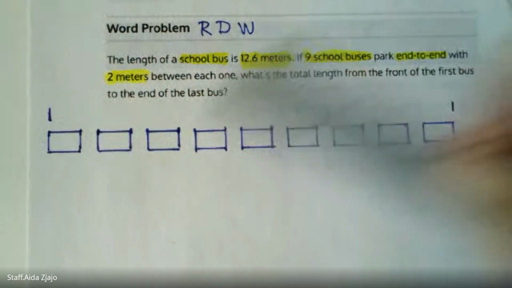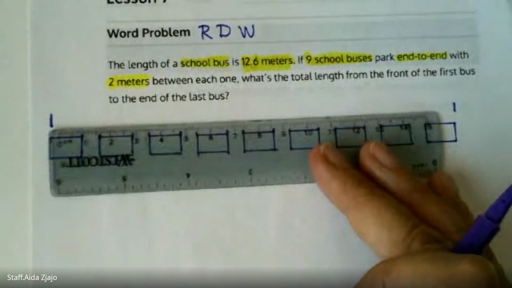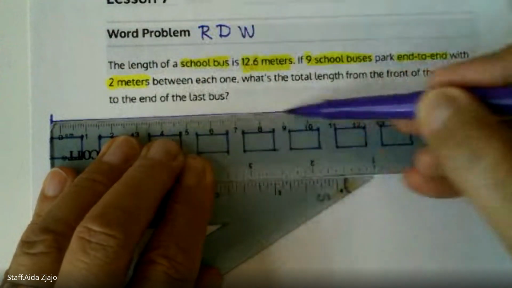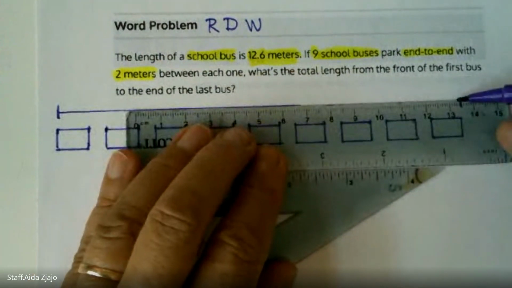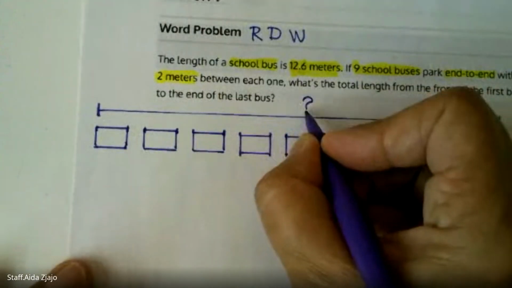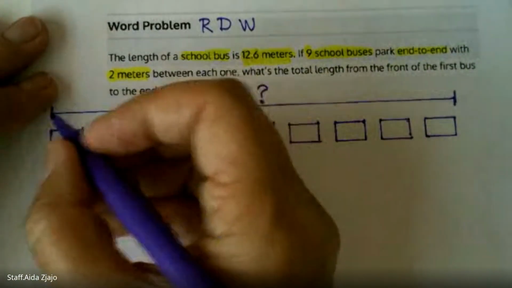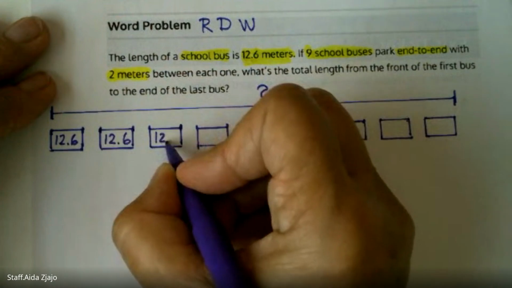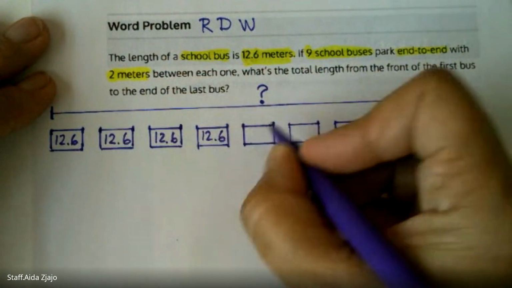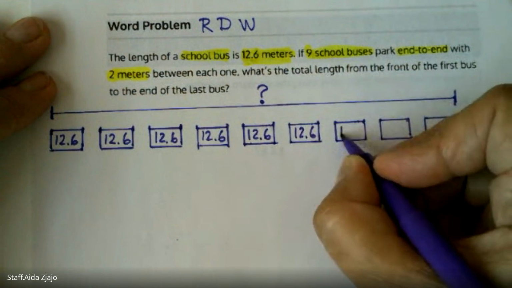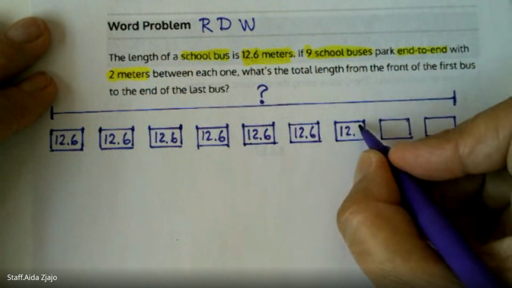So this is the whole length that we don't know, so I'm going to just go from here to here, and that is what we don't know. We know that each bus is 12.6 meters. I don't have room to write meters, but that's okay.